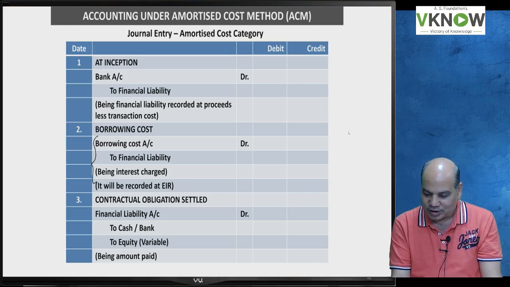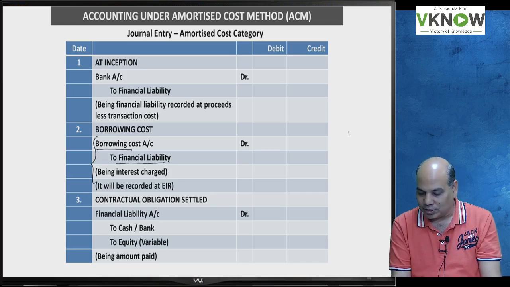So we are going to pass an entry: borrowing cost to financial liability. The interest charge is based on EIR.